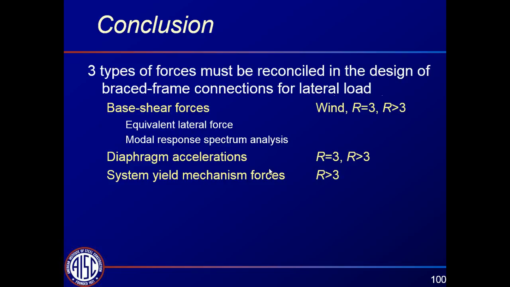And then for our more ductile systems, we have mechanism type forces, and each of those mechanisms has its own requirements in terms of determining the brace forces, but we have to follow those brace forces through and combine them with the diaphragm accelerations that the code requires us to look at.